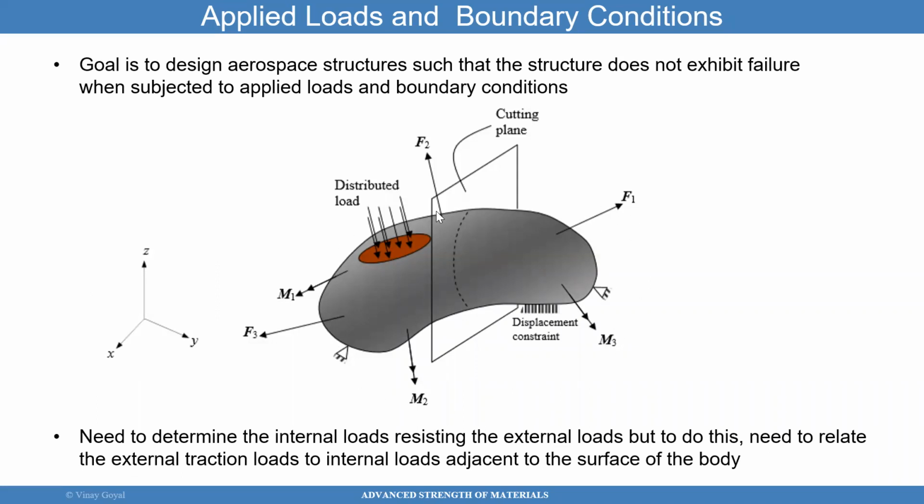But for me to relate the external loads to what is going on inside the body, I have to figure out how to relate external loads to internal loads. If I cannot do that, I have no chance of determining where the critical location is for predicting failure. The most critical location, I meant, is that which is critical to failure.